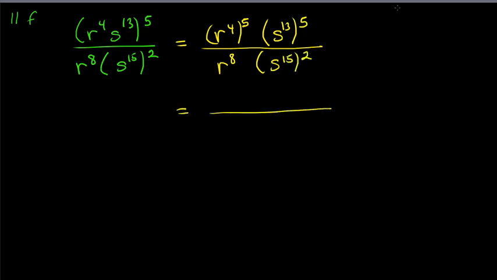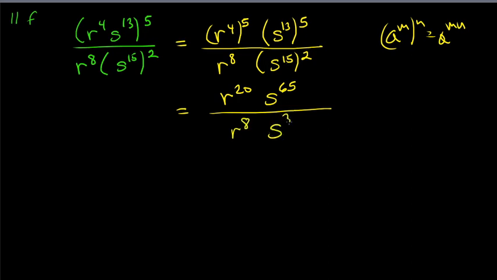So now we can use the power rule: r to the 4 to the 5 is a to the m to the n, it's a to the m times n. So 4 times 5 is 20, times s to the 13 times 5, 65. And then divide by r to the 8 times s to the 15 times 2. 15 times 2 is 30.